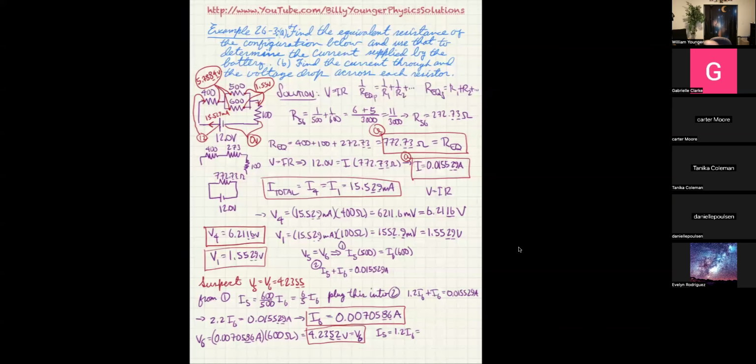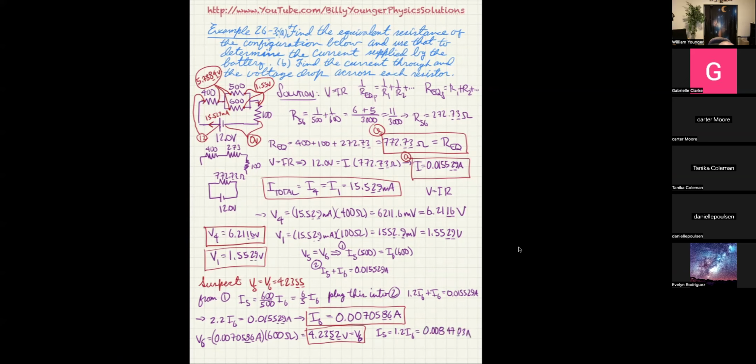So that's equal to 0.007058 times 1.2. That gives me 0.00847. So that's my 3 sig figs, and then 0.3 amps.